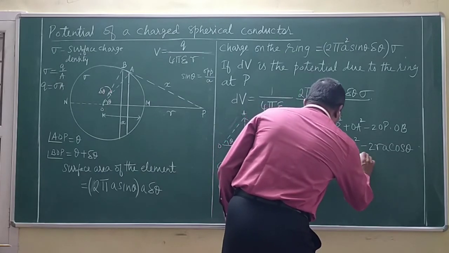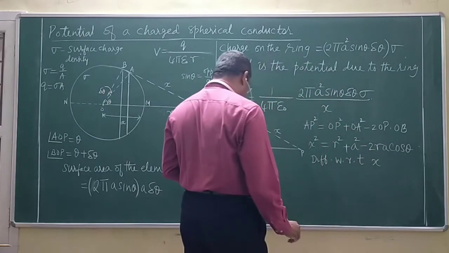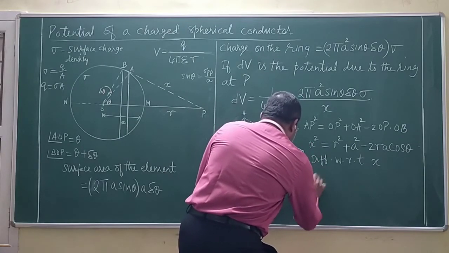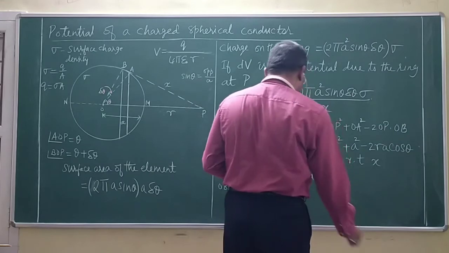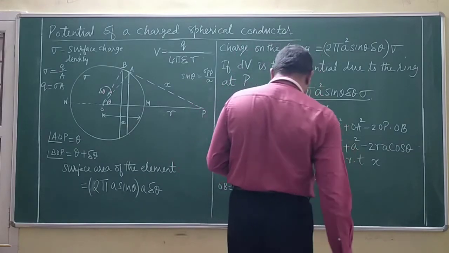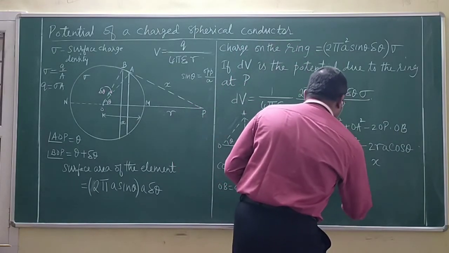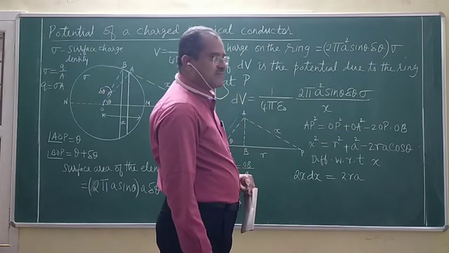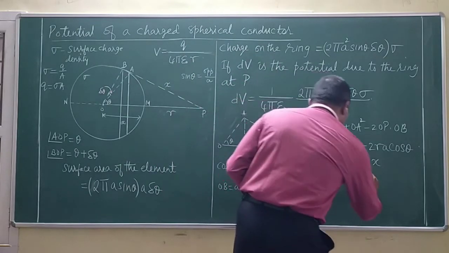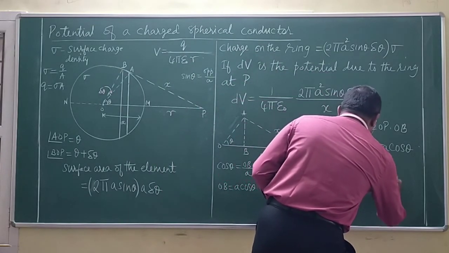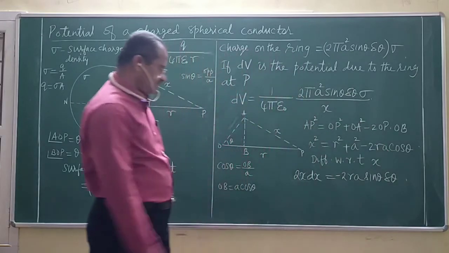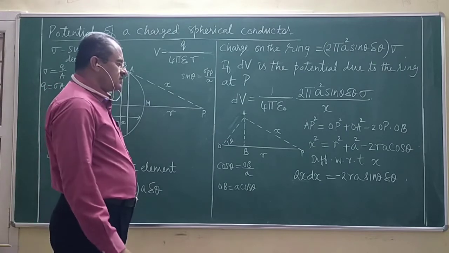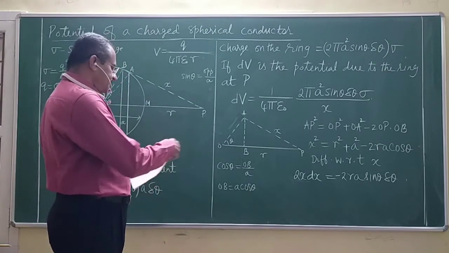I get 2x dx is equal to constant 0, 2 r a cos theta, if you differentiate, minus sin theta del theta. Is that okay to you, sir? Minus 2ar sin theta del theta.